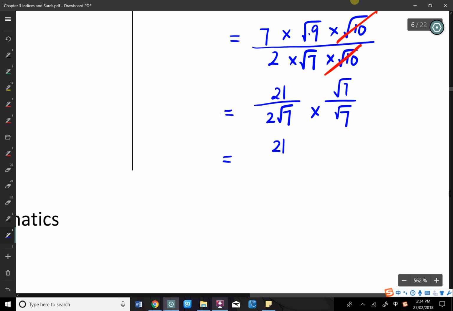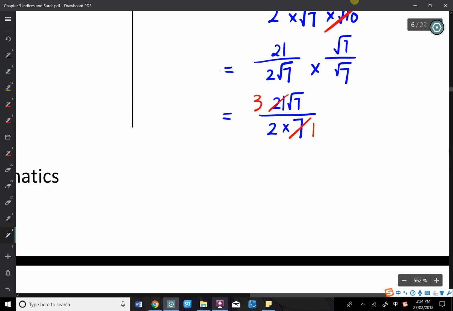So that's 21 root 7 over 2 times 7. The 21 can become a 3 and the 7 can become a 1. They can get simplified. So it is 3 root 7 over 2.